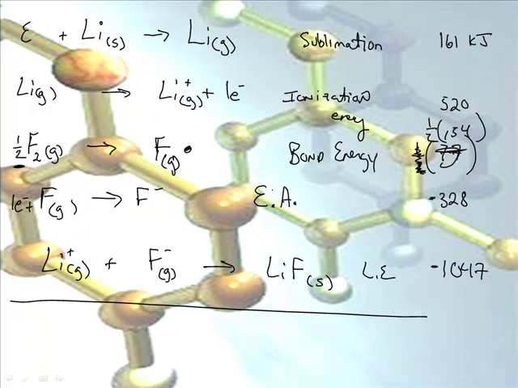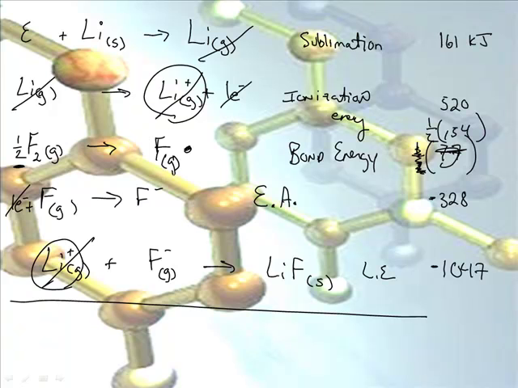Now, the good news is we can do some cancelling. The electrons go away. The electrons here go away. The lithium gas goes away. Li positive is here and Li positive is here, so they go away. And the F minuses go away: F minus is here, right below, on the opposite side.